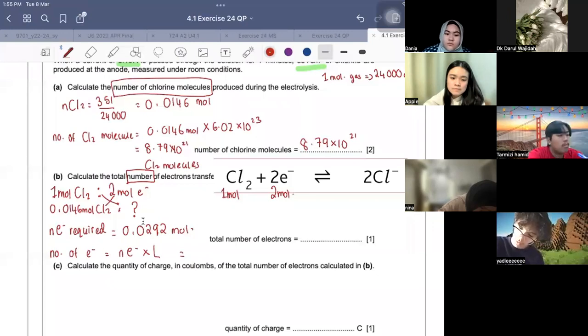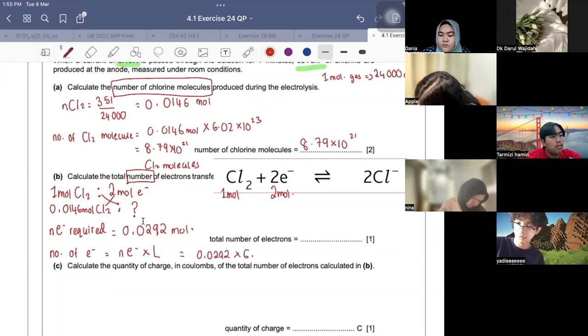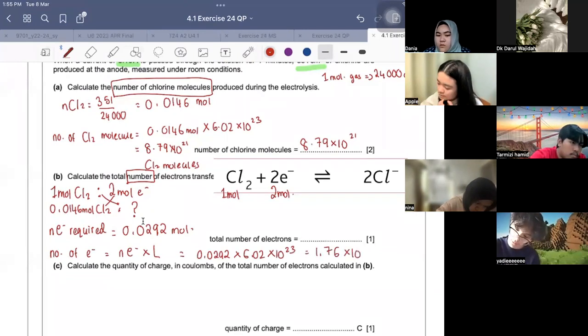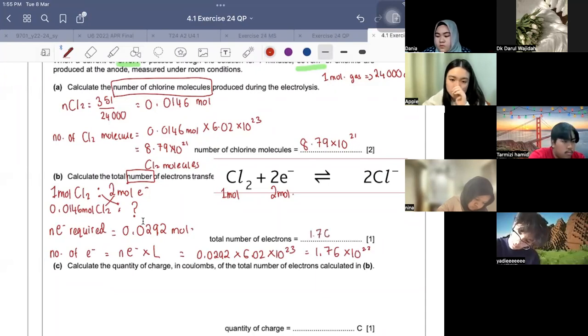That is 0.0292 times 6.02 times 10 to the power of 23, which is 1.76 times 10 to the power of 22 electrons.